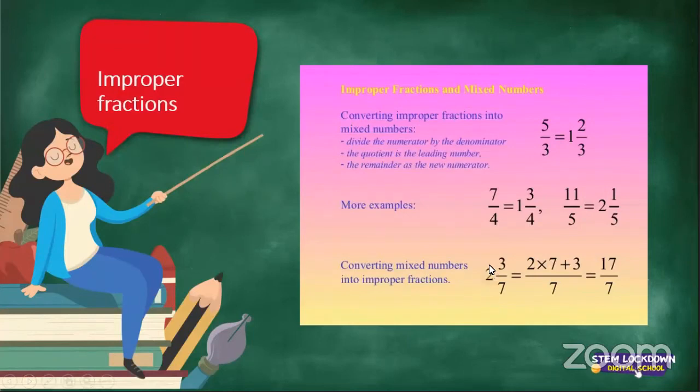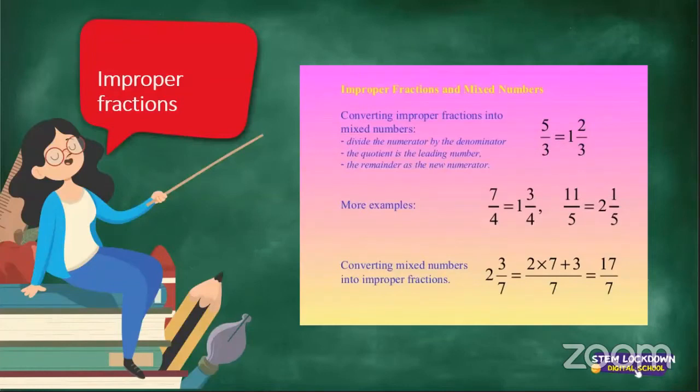So here we have 2, which is a whole number, and 3 over 7. How do we get this mixed number to be an improper fraction? This is what we do. We multiply 7 by 2 and we have 14, and you add the numerator.